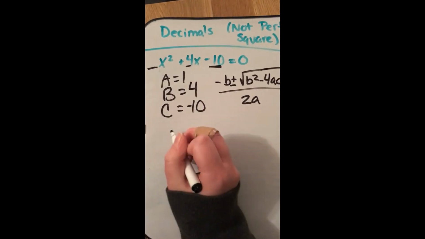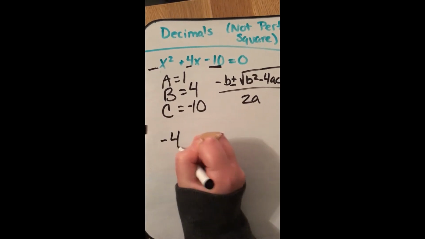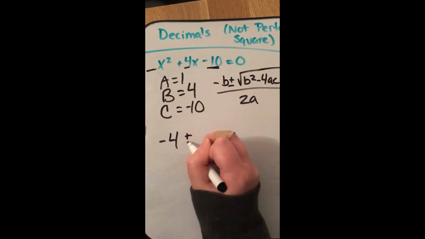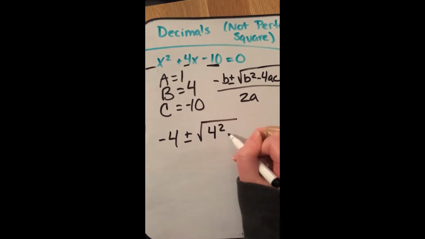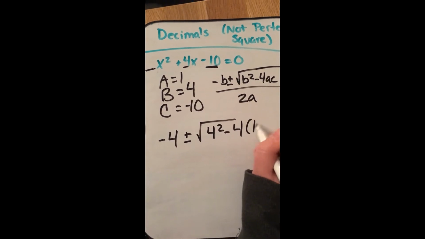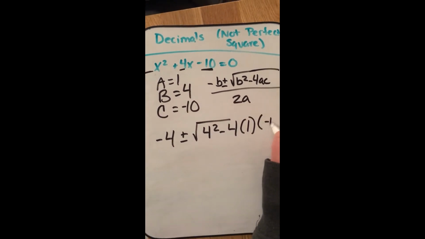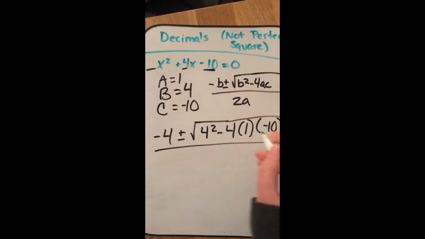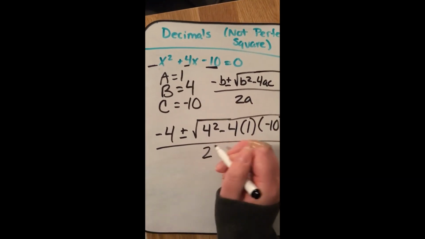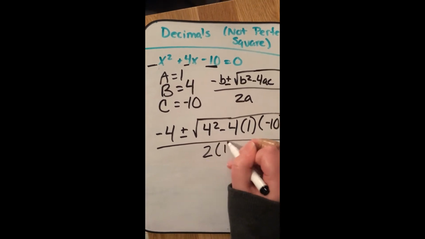So let's plug it in. It's negative 4 plus or minus the square root of 4 squared minus 4ac, all over 2 times 1.